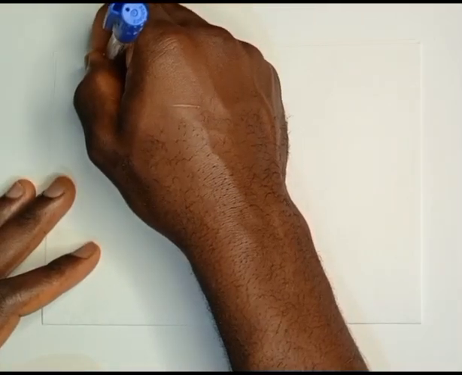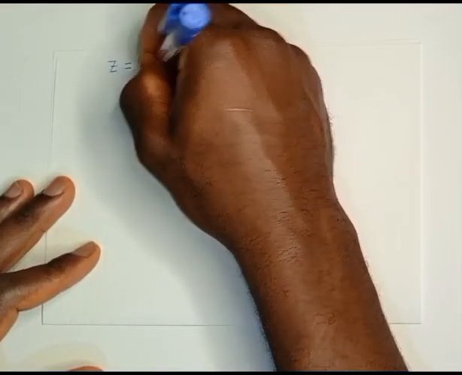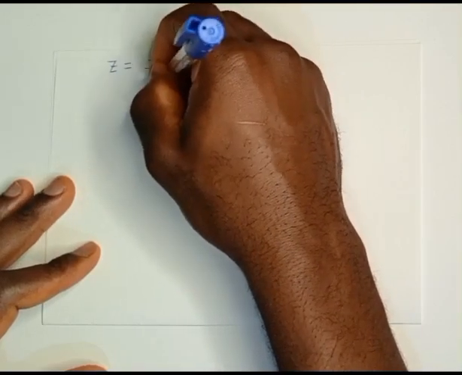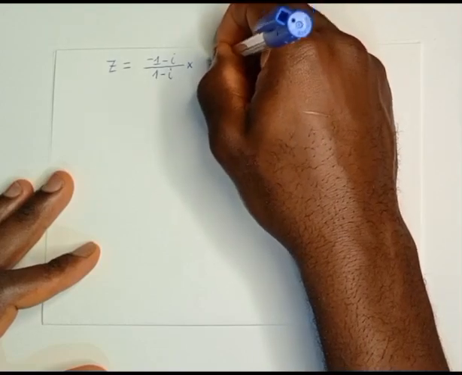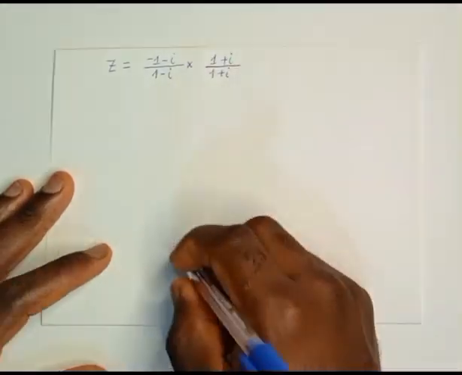This will give us z to be equal to (negative 1 minus i) all over (1 minus i) times (1 plus i) all over (1 plus i).